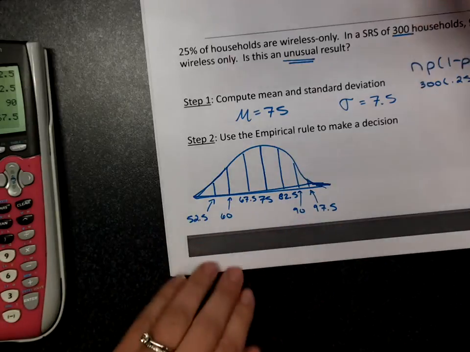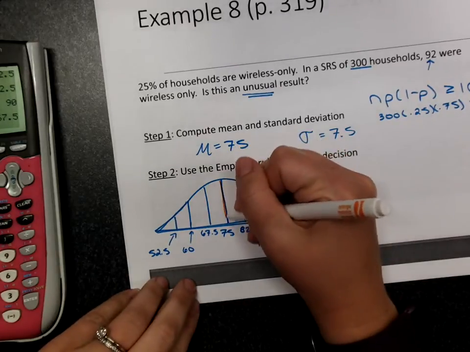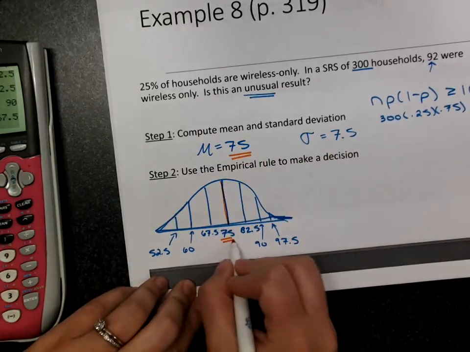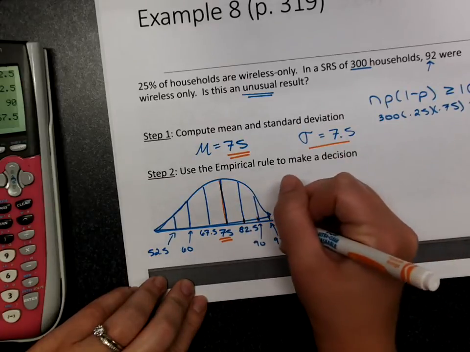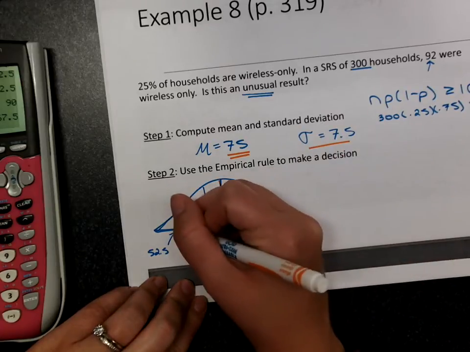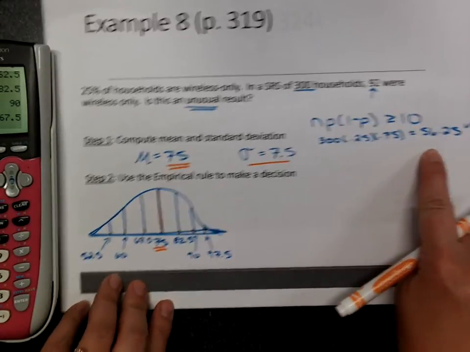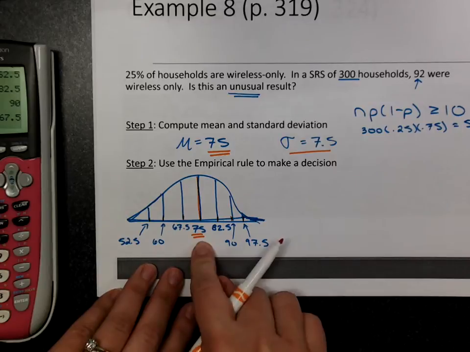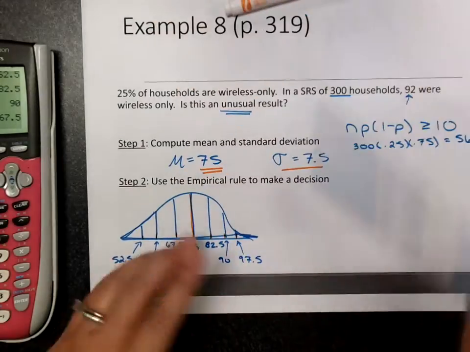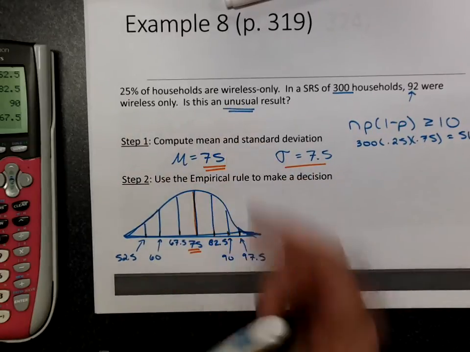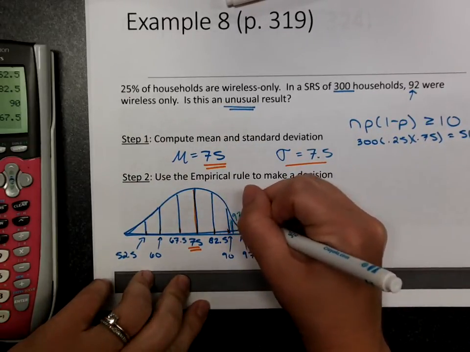So this is all coming back from chapter 3, where the mean is in the middle. So I use 75 as my mean or expected value, and then I counted with my standard deviation 1, 2, 3, 1, 2, 3. So because this condition is met, I can draw this nice bell curve, and then I can answer my question. So the question is, is 92 considered unusual? 92 falls up here. That's where 92 would fall.